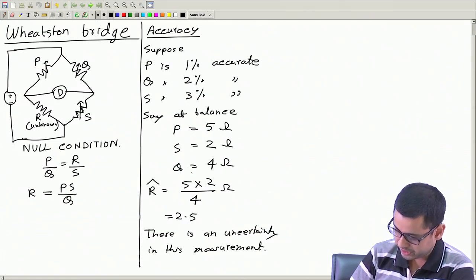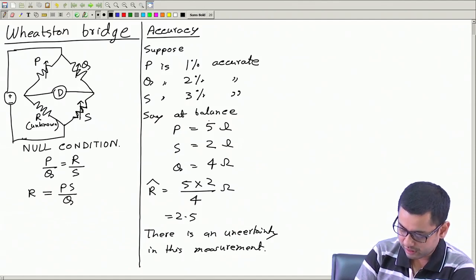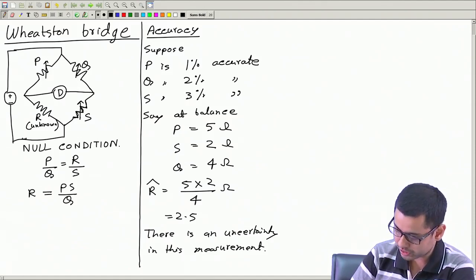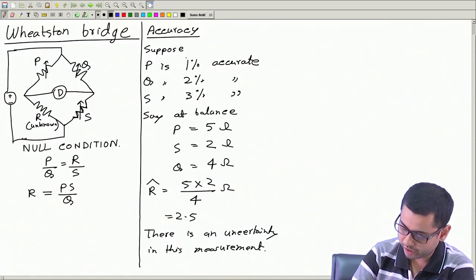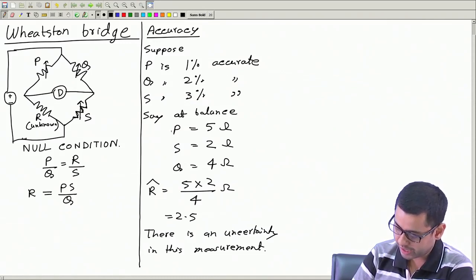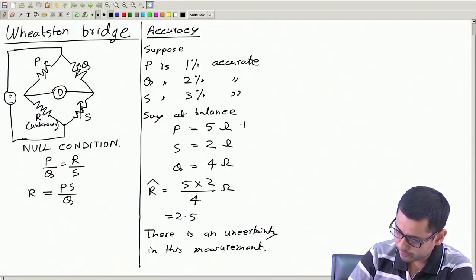We see that the value of P is 5 ohm according to the marking or dial of this resistance box, but it has an accuracy or error of 1%. That means the value of P is actually 5 ohm plus minus 1%.